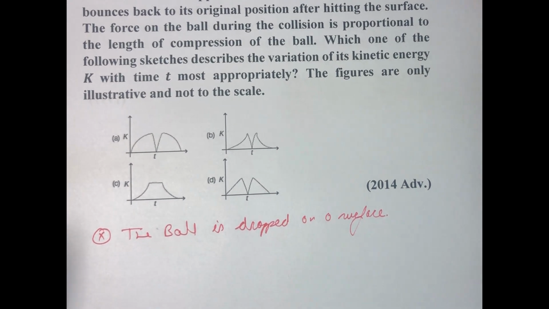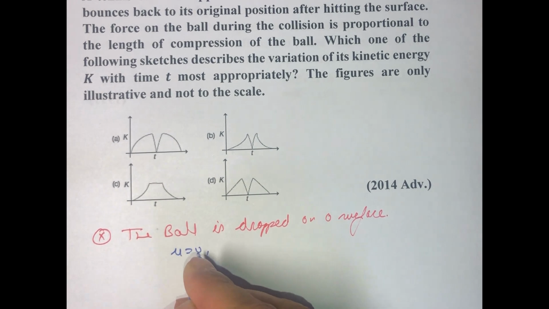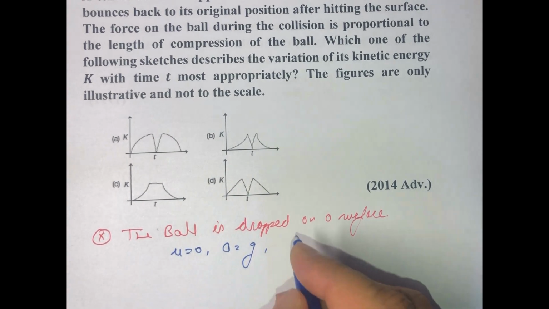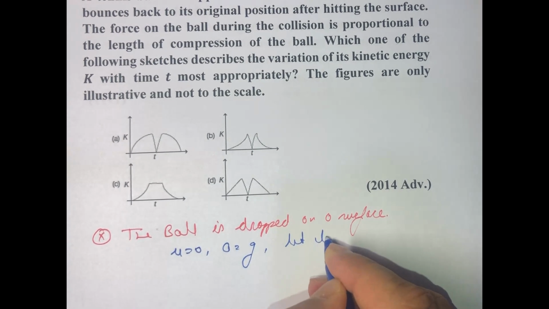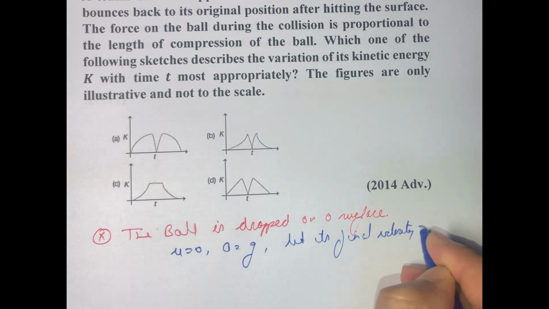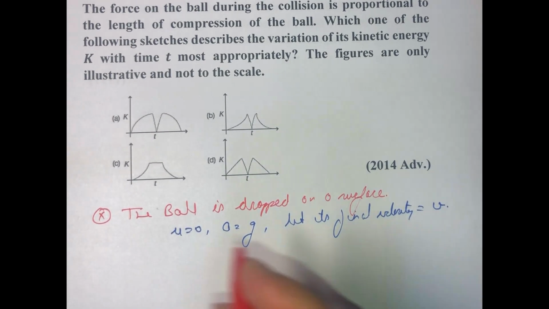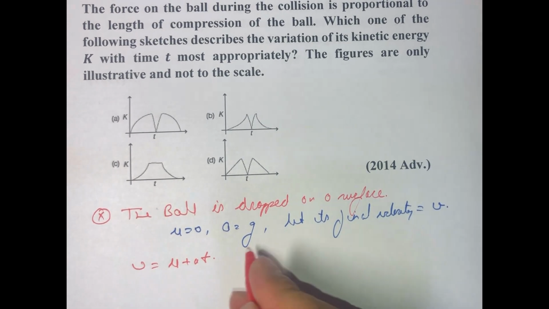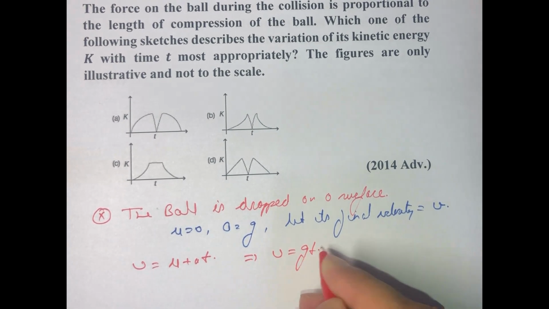So under this condition, the initial velocity will be equal to 0 and acceleration due to gravity will be equal to g, and we say let its final velocity be v. So we can use the formula v is equal to u plus at. So we get v is equal to gt.